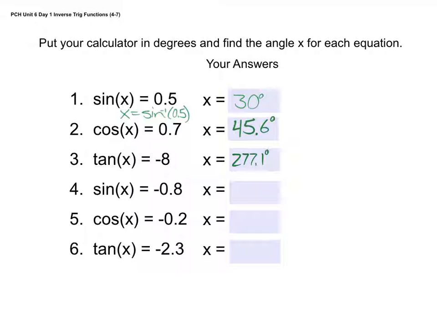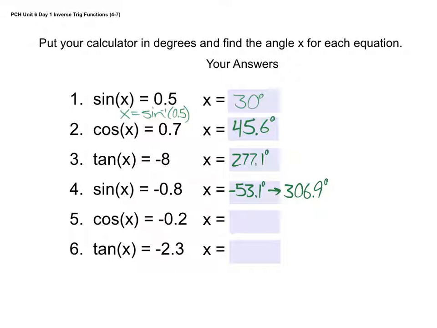How about if sine of x is negative 0.8, what do you get? 306.9. For that one, the calculator gave you a negative value, negative 53.1, and converting it gives 306.9.